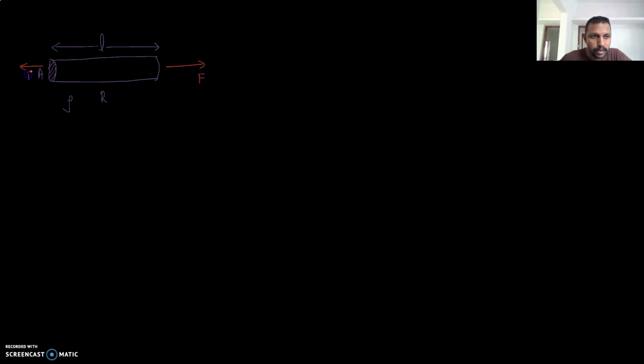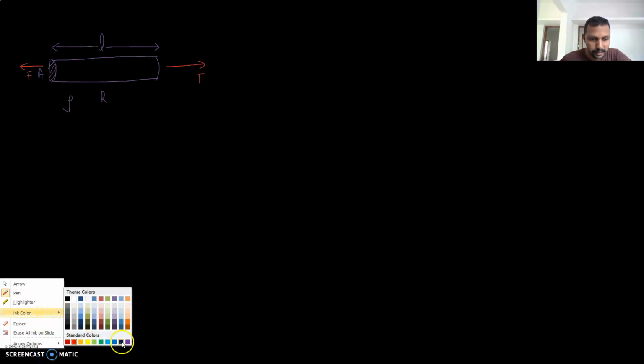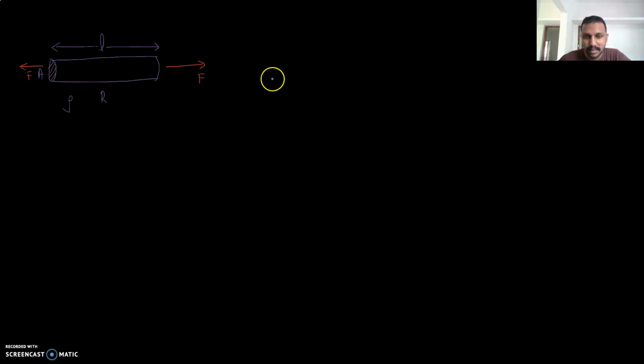If we pull this conductor, its length will increase. Assume that its length is increased to n times. That is, the final length L dash is n times the initial length. It is done by pulling the conductor.